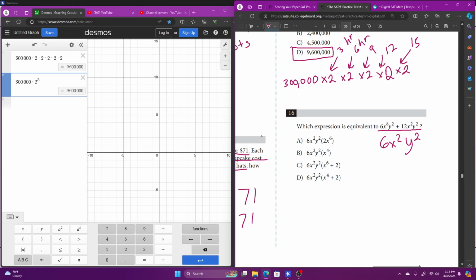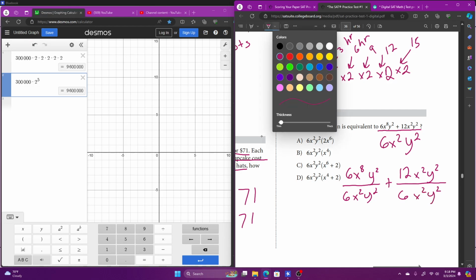And we can break that up into 6x to the power of 8 y squared over 6x squared y squared plus 12x squared y squared over 6x squared y squared.